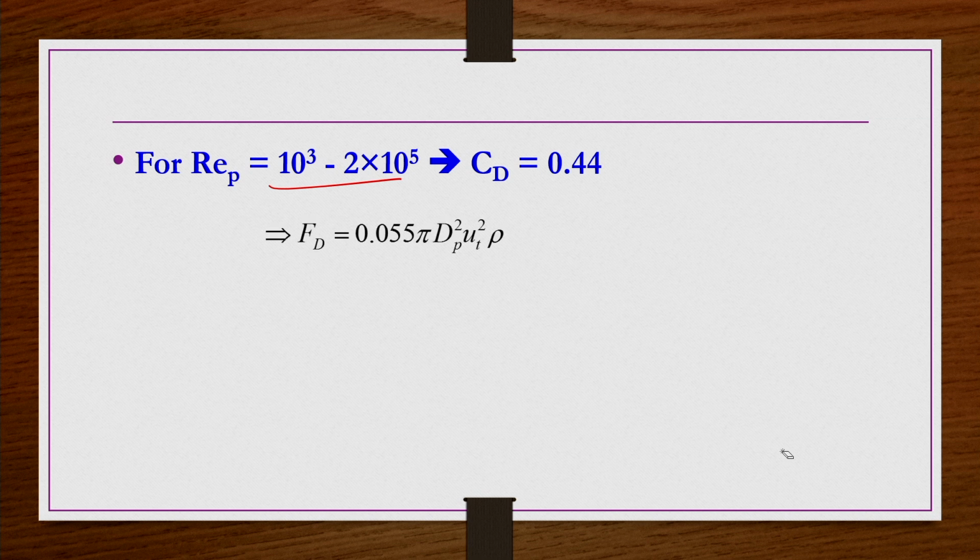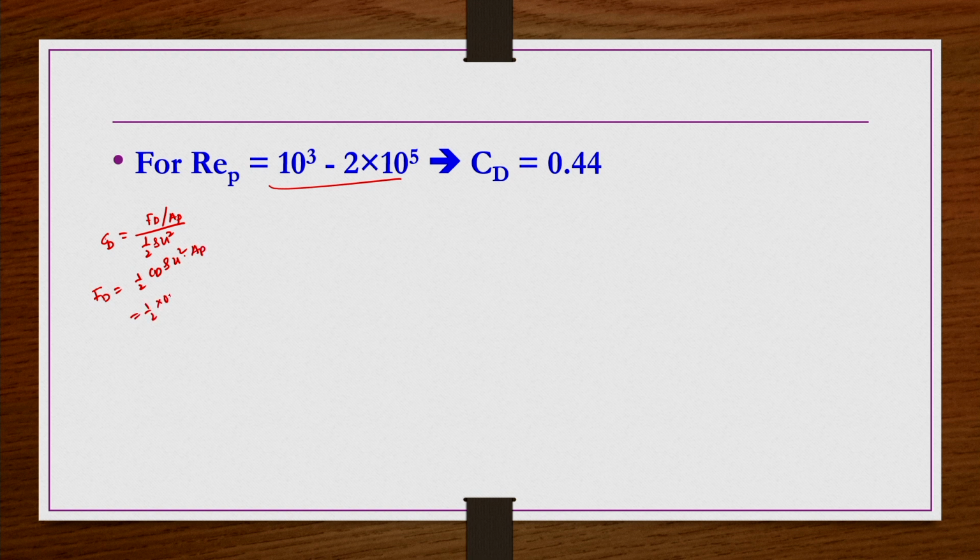So, now in this equation, whatever the FD equation is there, if you substitute this, what we have, CD is equal to FD by AP divided by half rho u square, this is what we have. So, from here FD is equal to 1 by 2 CD rho u square AP, right.